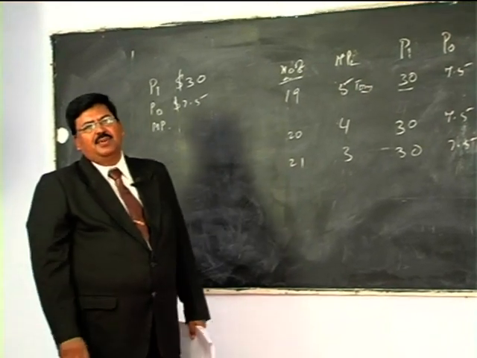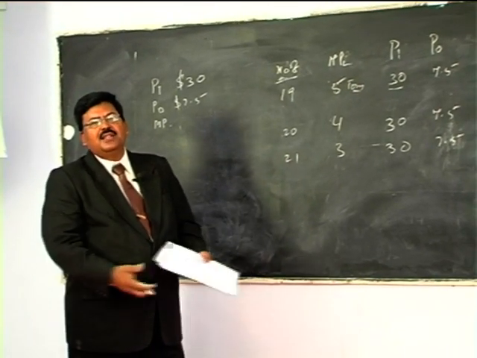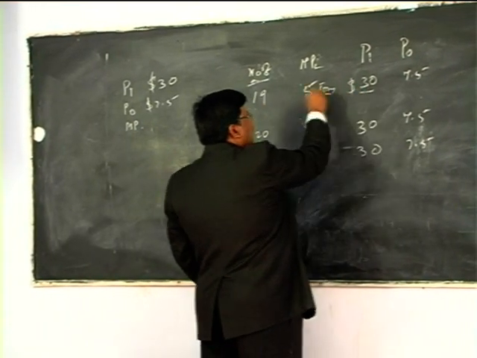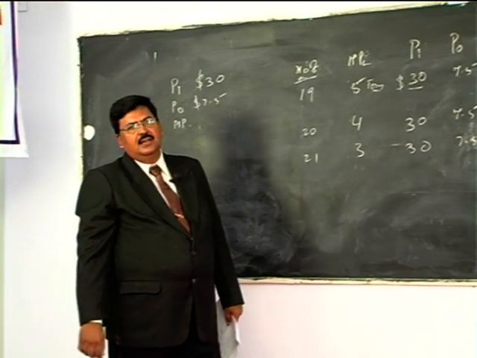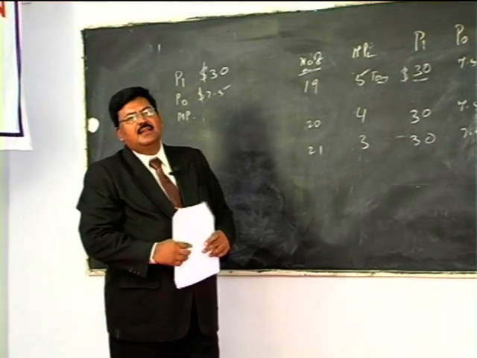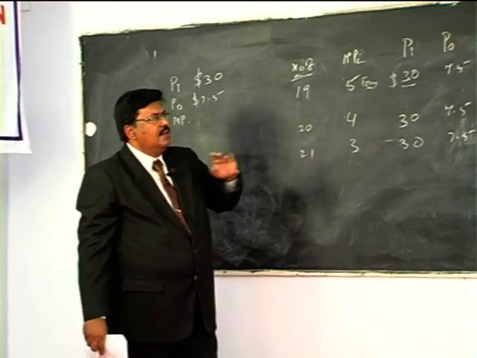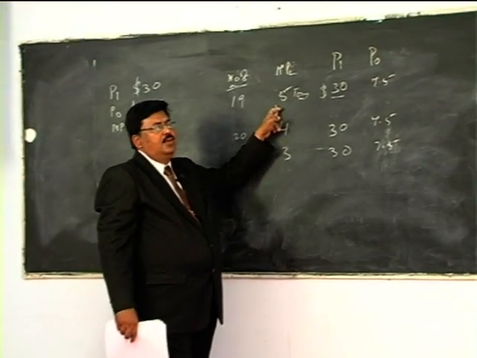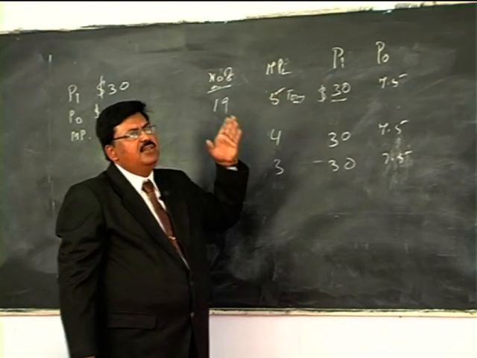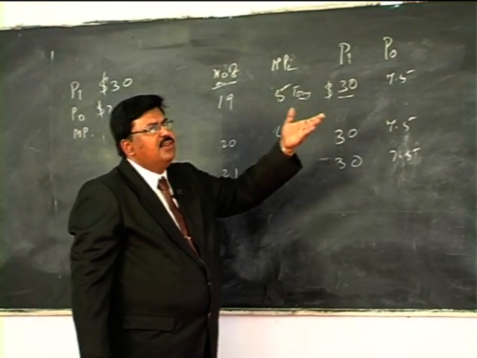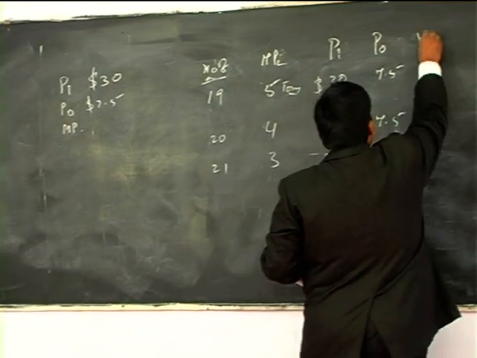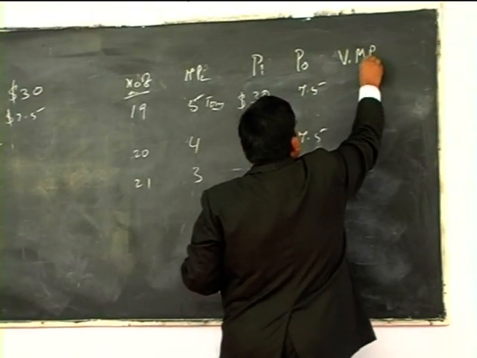We cannot compare these two because this is in money terms, dollars, and this is in physical quantity, tons. Then how to make a comparison? The cost is $30 and the benefit is 5 units of the product. So you better convert this into money value. 5 units means what is the money value of the product? 5 into 7.5, that is the value of marginal product, VMP.